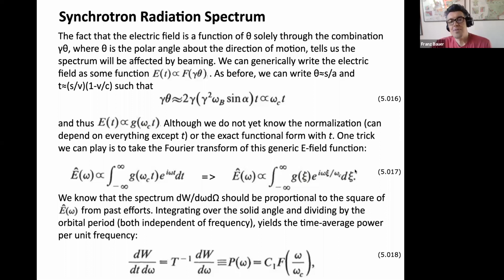And we can also remember that the power coming out as a function of solid angle and frequency was proportional to the square of this thing, based on the Poynting vector, the Poynting flux.